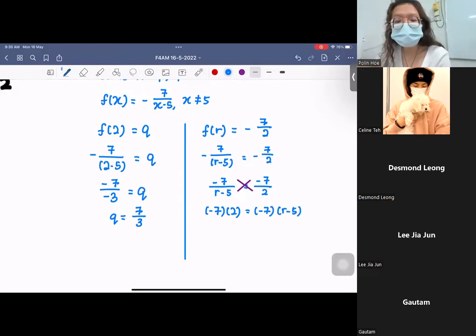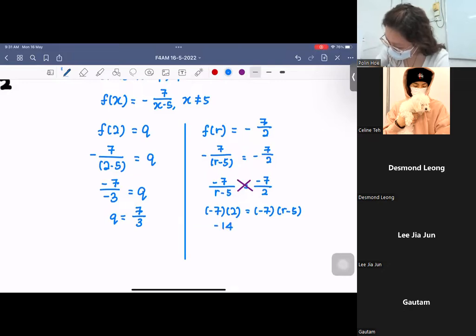And why did I say just now that you should be able to tell me that R minus 5 is equals to 2? Look here. Negative and negative, so I can cancel. 7 and 7, they are the same, cancel. So I will have R minus 5 equals to 2. But it's okay because not everyone is sensitive to numbers. You just expand it.